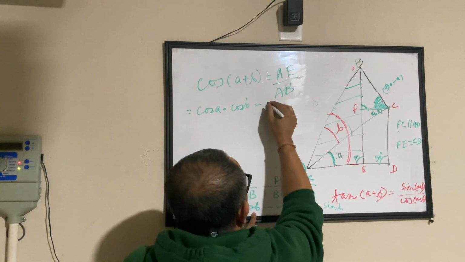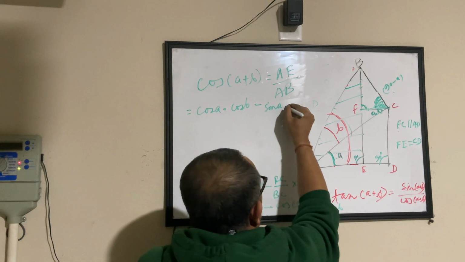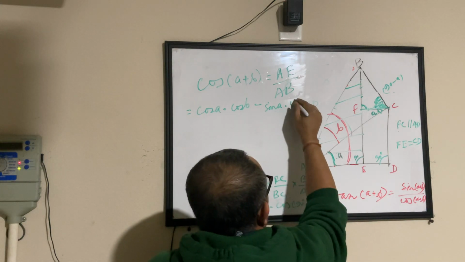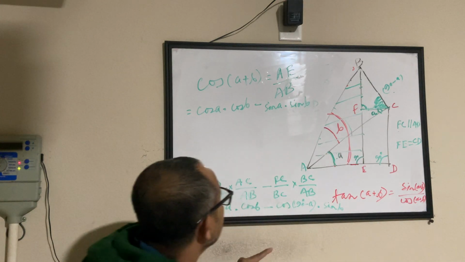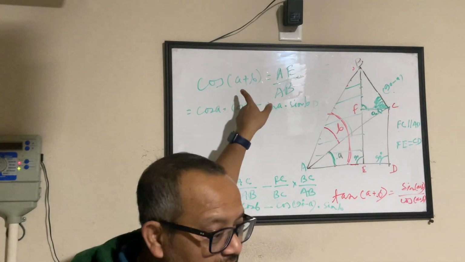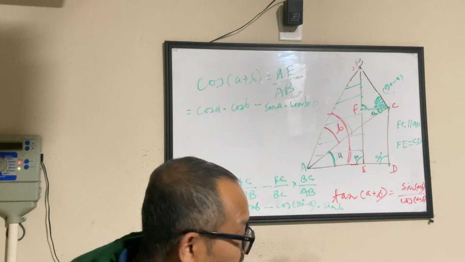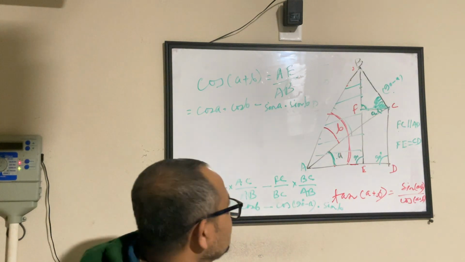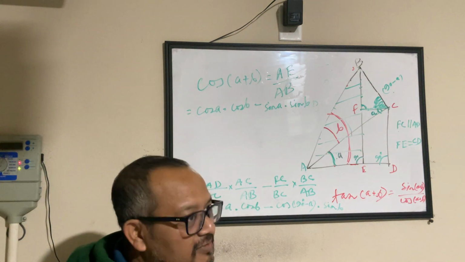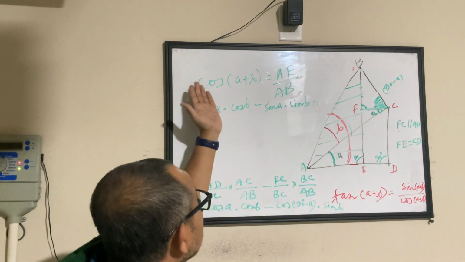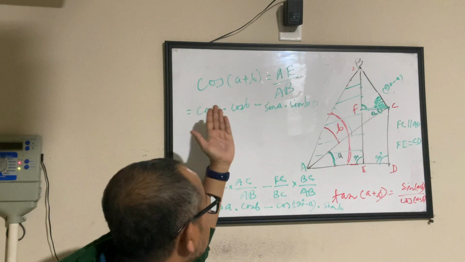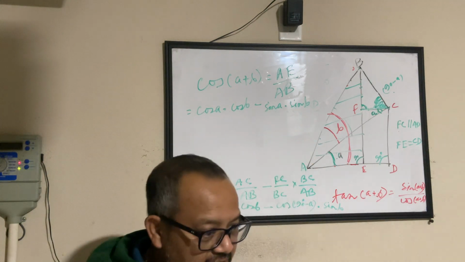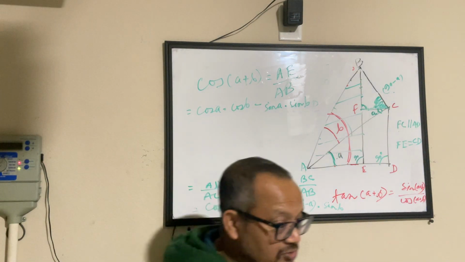So this is sin of A times sin of B. So this is the second identity, which says cos of A plus B equals cos of A times cos of B minus sin of A times sin of B. So we learned this too.